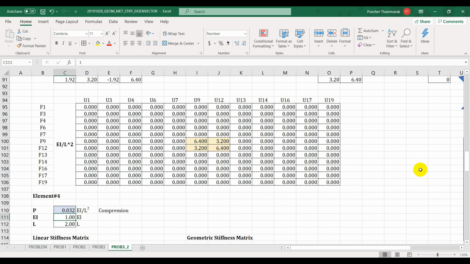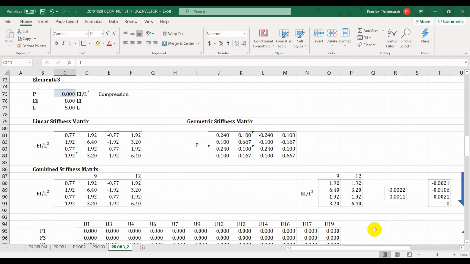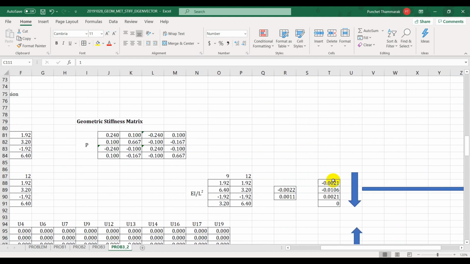You come back and look at the force here. It doesn't change much. It used to be 0.0022. Now it turns out to be 0.0021. Okay, it is not changing much. So it is just a fraction of change. Then you don't need to continue the iterative solution.